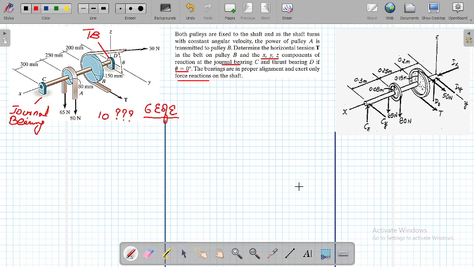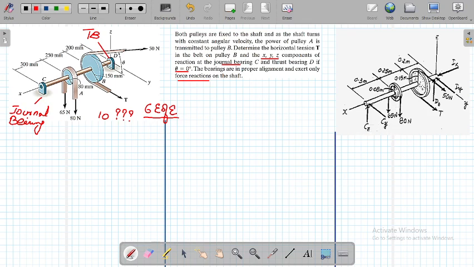First of all, what we will do is sum all the moments about the x-axis. So what does that mean? It means we consider the forces that will be summed about the x-axis.